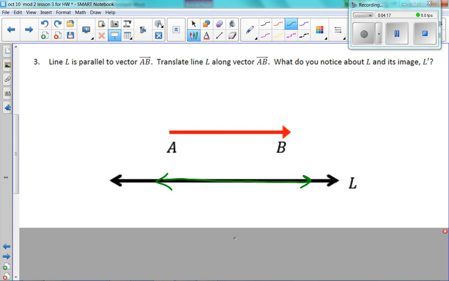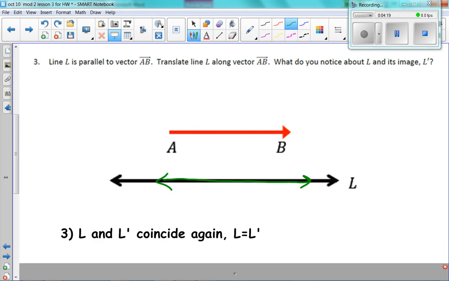So again, we should notice that the two lines are the same. They coincide. They're right on top of each other. So L is equal to L prime.